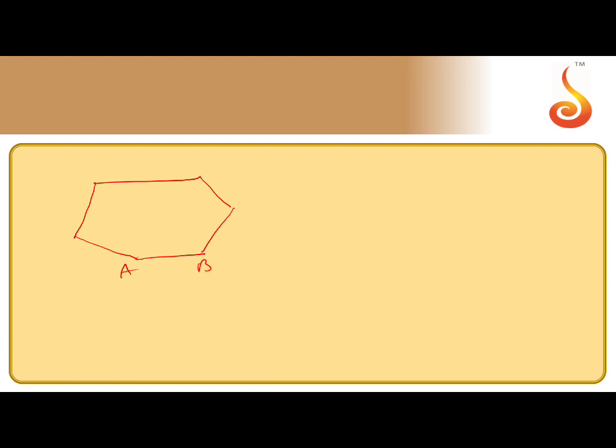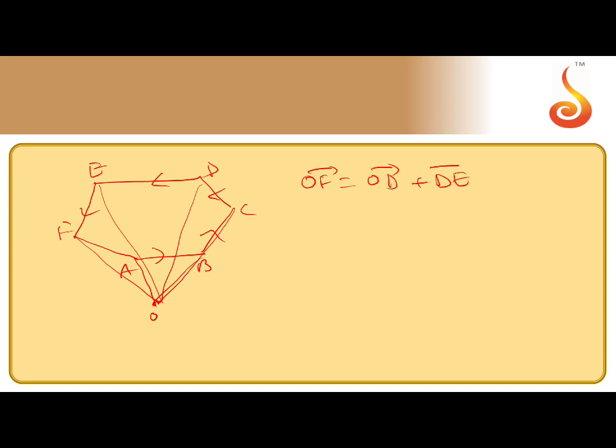So A, B, C, D, E, F. Here direction is important. So A to B, B to C, C to D, and D to A. So the origin is somewhere. So OB, OC, OD, OE and OF come here like that. They are asking for the position vector OF. So OF bar you can write as OD plus DE plus EF.